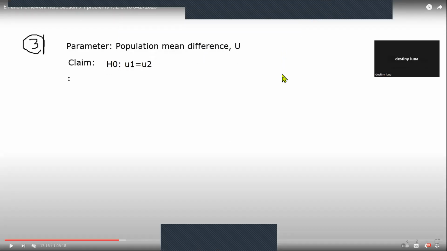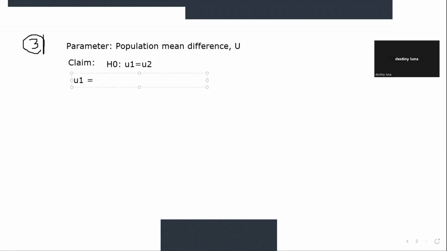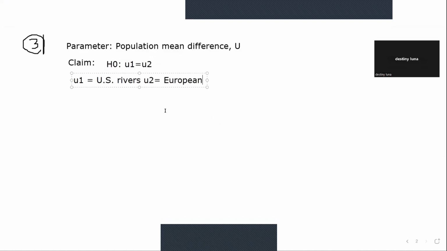Can you see now? Yes. Okay. And I just made a note up here that mu1 is US rivers and mu2 is the European ones. That's kind of a handy thing to know.